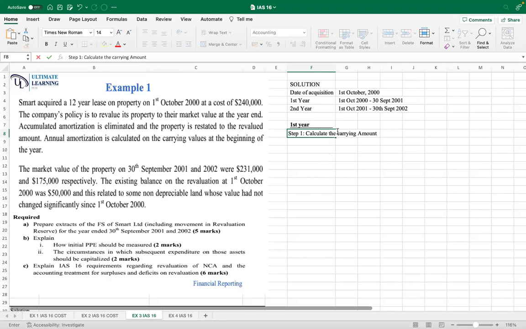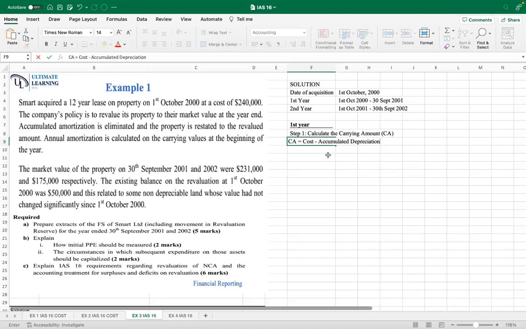Let me use the abbreviation CA, carrying amount. We said that carrying amount is equal to cost of the asset minus accumulated depreciation. I believe you remember that.